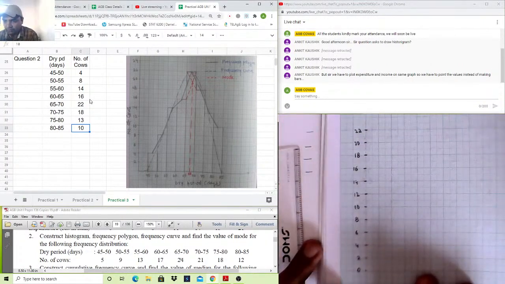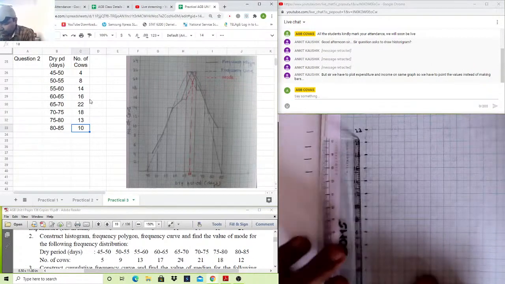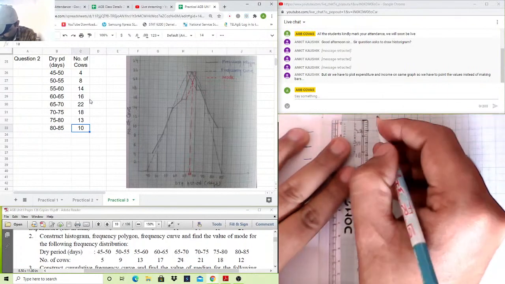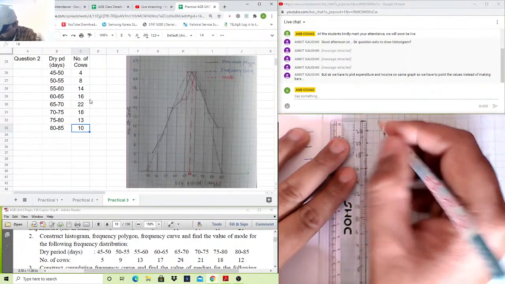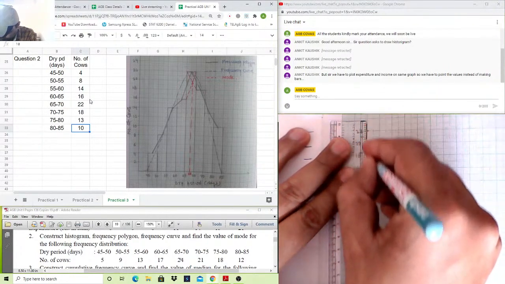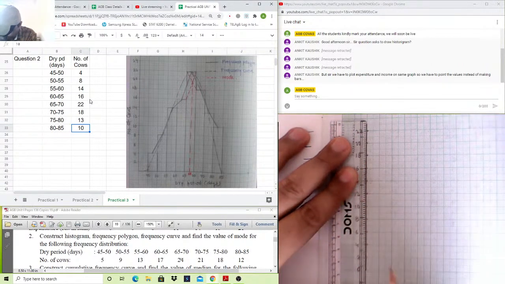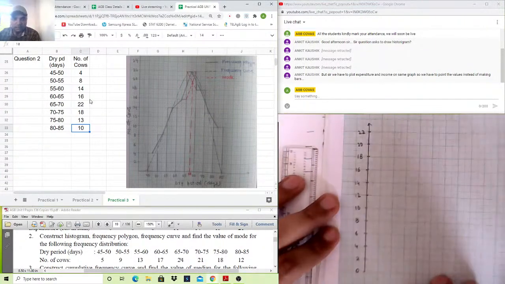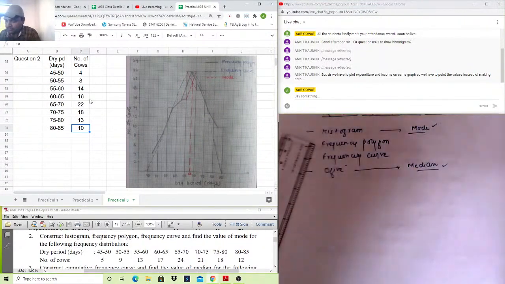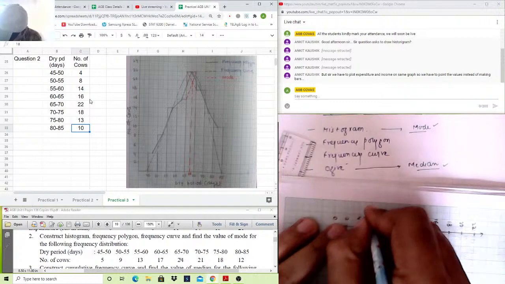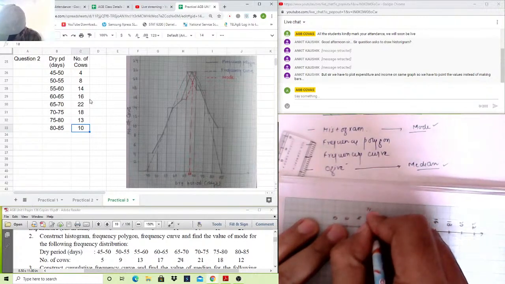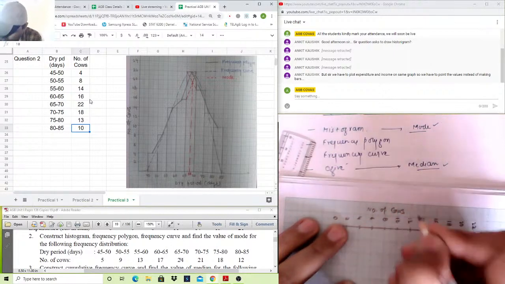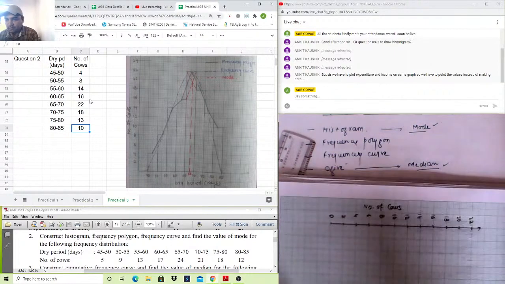Okay. So now just draw the line of the y-axis, and this represents the number of counts.